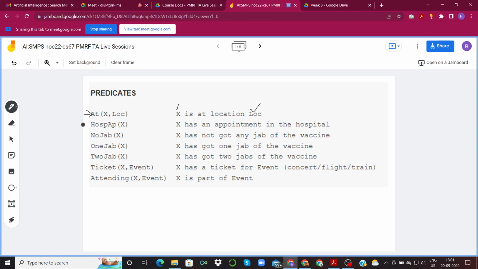Fairly simple to understand. Similarly, App(x) means that x has an appointment in the hospital. NoJab(x) means that x has not got any jab of the vaccine. So we are going to deal with a scenario where people might have to take some vaccines, and we are going to plan something related to that. OneJab(x) similarly means that this person x has got only one jab of the vaccine.